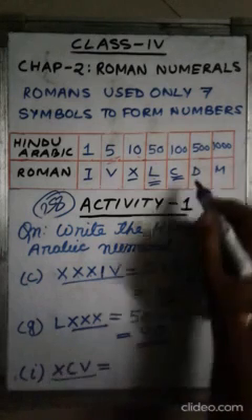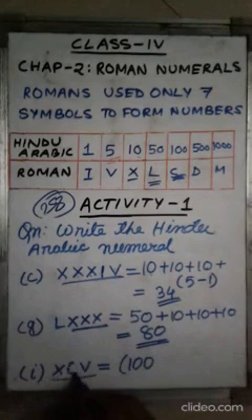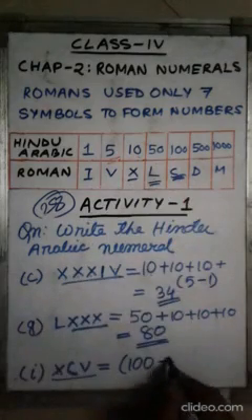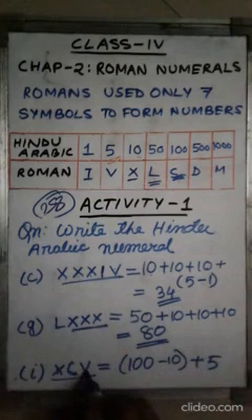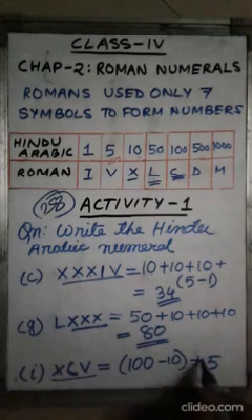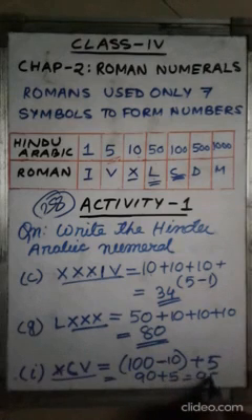This symbol has value 100 minus this 10, plus 5, as it is written on the right side of the greater value. So it will be plus. When it is written on the left side, it is minus. So it is 90 plus 5, which is equal to 95.